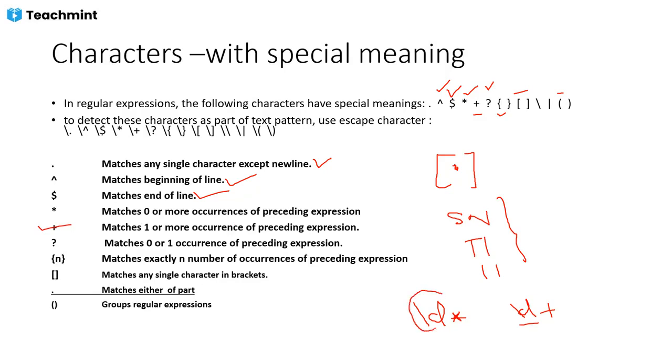If I use question mark, it can be zero or one occurrence, but not more than one. So slash d question mark means no digit is valid, a single digit is valid, but two digits is not valid.